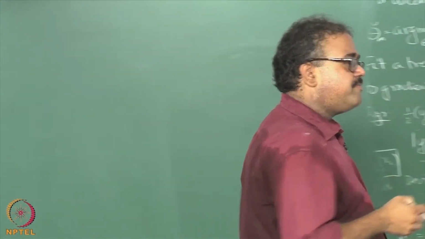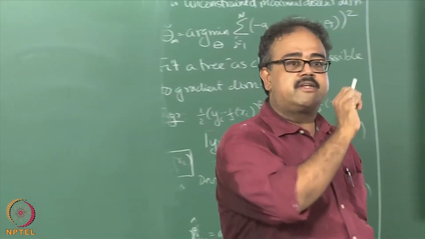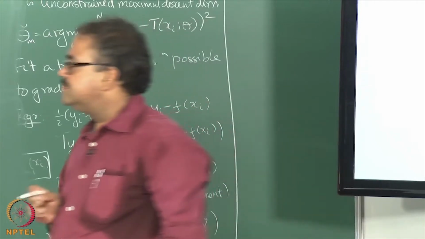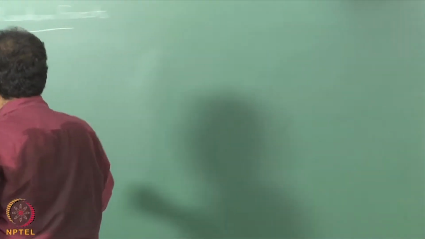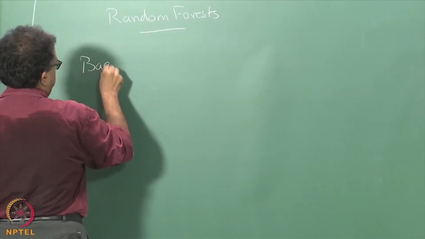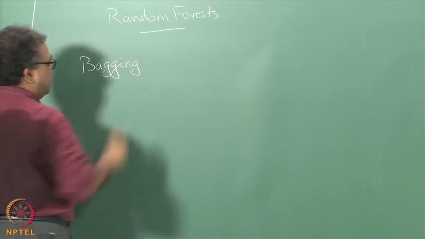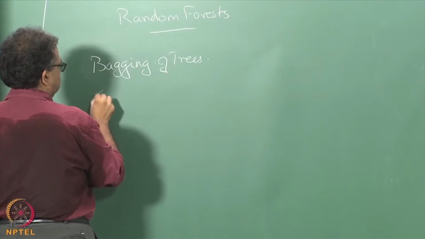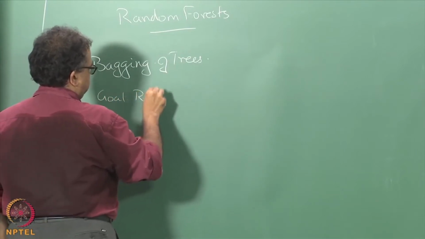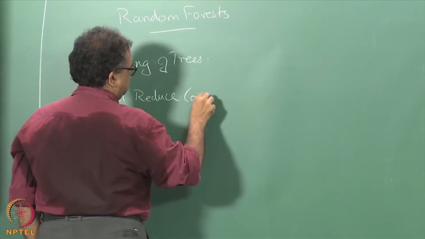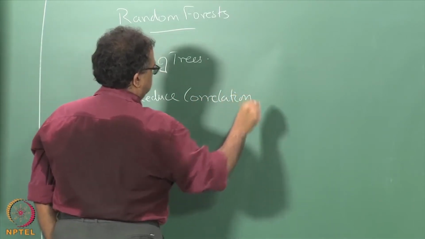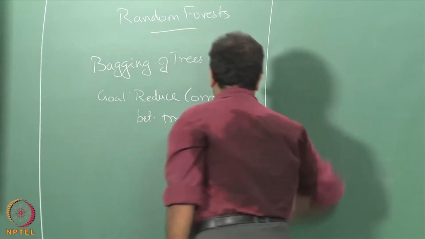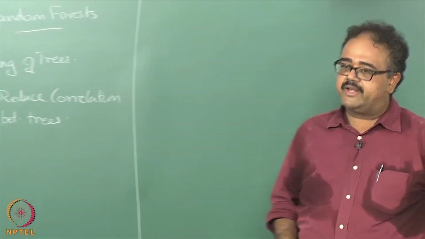So can we come up with some way in which we can reduce the correlation between the trees that you are constructing? I am going to be doing bagging, but the goal is to reduce correlation between trees, right.